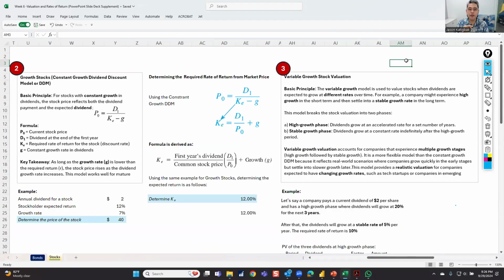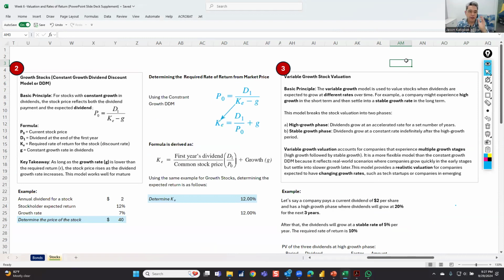Now, for your quiz this week, it's mostly on stocks, which is good. That's why bonds is a refresher. When you think about it, it's a refresher of the present value formula. On the stocks, it's a bit different. It's just dividends divided by the rate of return if there's no growth.